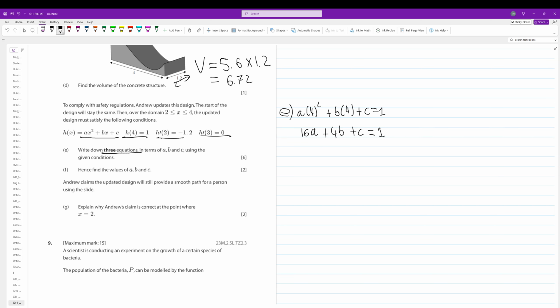Now the other two, maybe we don't know how to do that, but we do know how to differentiate, which is what this h dash means. So the differential would be 2ax plus b, and now I can just put my numbers in. So h dash of 2 would be 2a times 2 add b. So 4a add b is equal to negative 1.2.